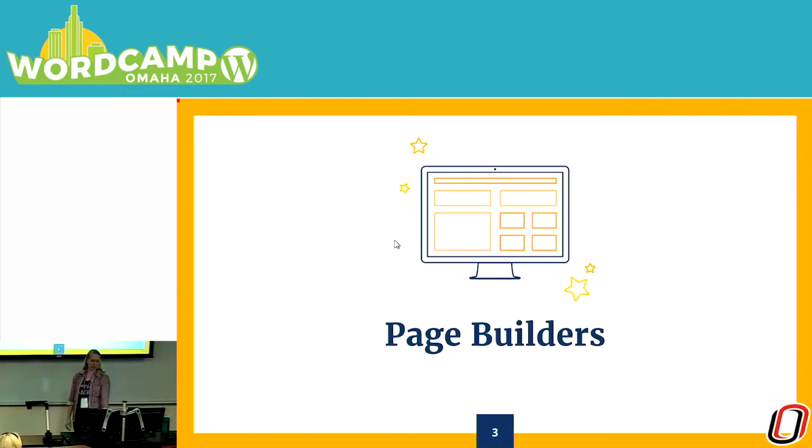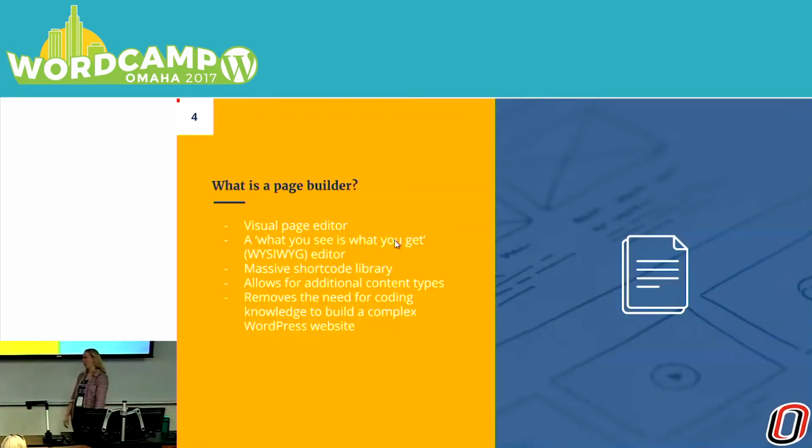Page builders, and what are they? They're essentially a type of visual editor for your web page, a WYSIWYG editor, or a what-you-see-is-what-you-get kind of thing. So normally when we edit a page on WordPress, it opens up that lovely text box that we're all super used to seeing all the time.